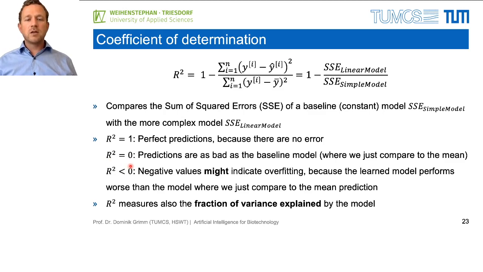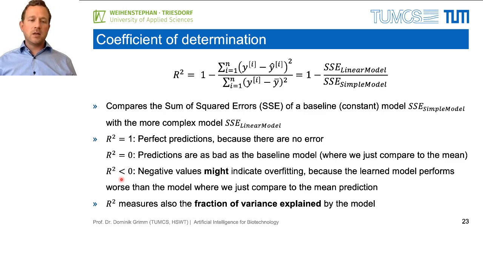Negative values might indicate overfitting, because then we learned a model that performs worse than a model that just uses the mean for the predictions. But a model can also be overfitted even if R squared is larger than 0.